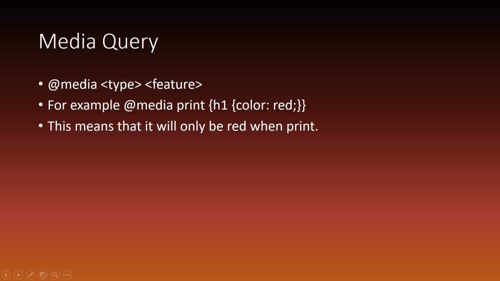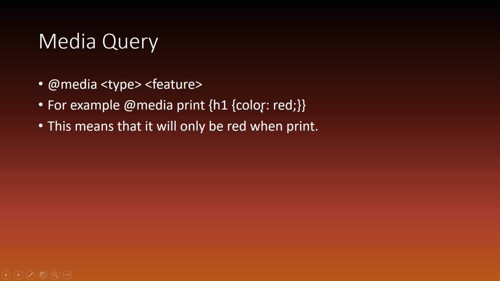You will simply write @media, then there will be the type, then curly brackets, and then there will be a feature. For example, if you write @media print h1 color red, so what does this mean? This means that whenever you want to print your site, the moment you press Ctrl P, the H1 heading, or you can say whatever will be the heading or title of your site, will appear in red color.